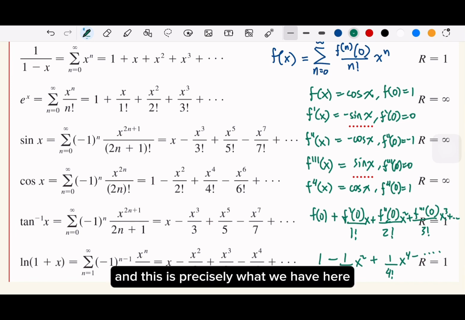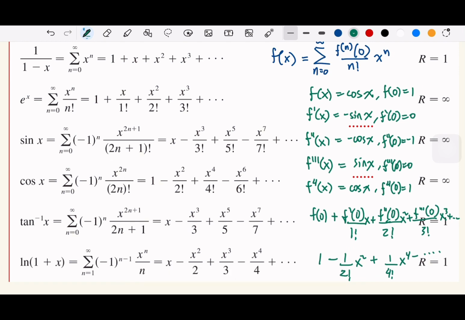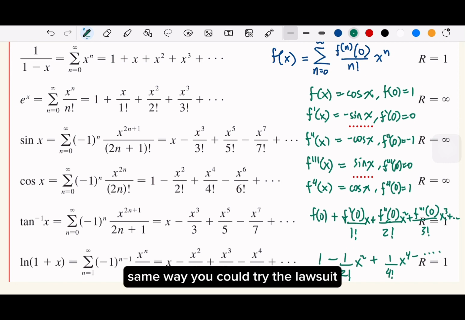And this is precisely what we have here. You could describe this within this. In the same way, you could try the last two, the inverse tangent and the ln.